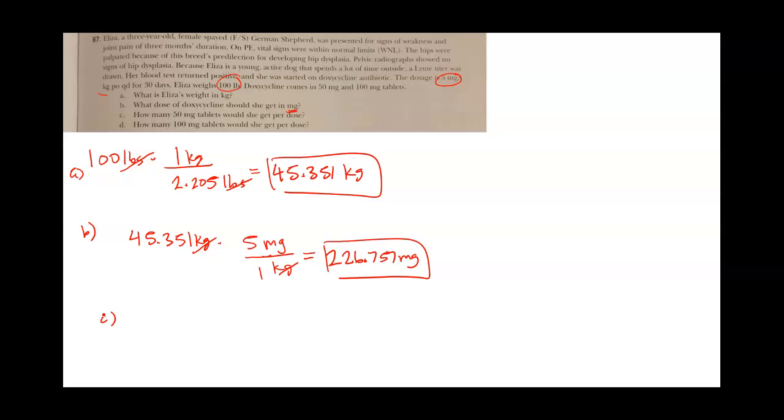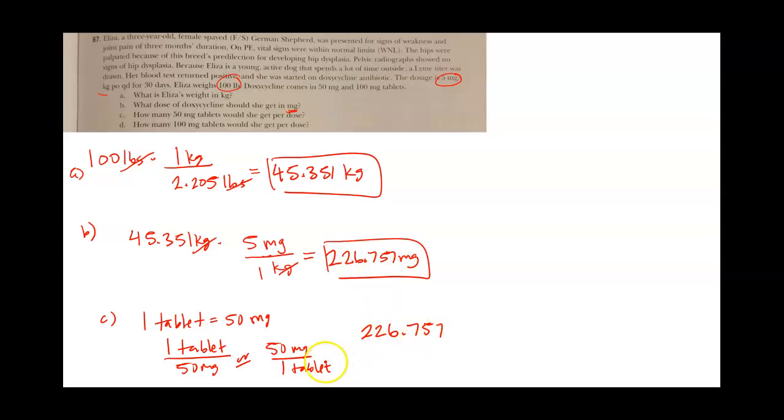So now we have 1 tablet is equivalent to 50 milligrams. So we can make 2 ratios out of it. Our first ratio is 1 tablet is equivalent to 50 milligrams, or the other ratio is 50 milligrams is equivalent to 1 tablet. Because remember, both of them are the same exact thing, just flipped over. Then we're going to have our milligrams, which is 226.757.